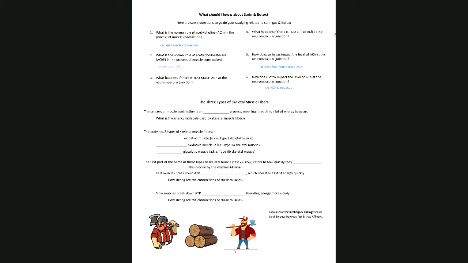But what can happen is if your Botox is injected incorrectly. Maybe it's supposed to go to the facial muscles, but someone accidentally injects it into the bloodstream, then it goes throughout the body and acts the same no matter where it is. Whether it's going to the muscles of the face, the muscles of your heart, or the muscles of your blood vessels, that's why you have to be really careful with injecting Botox, because it always does the same thing wherever it goes.